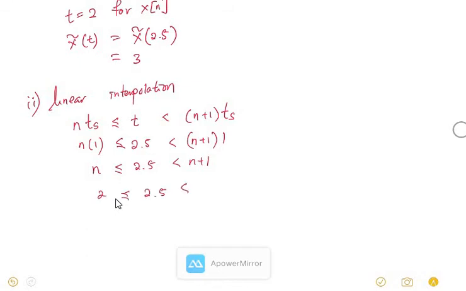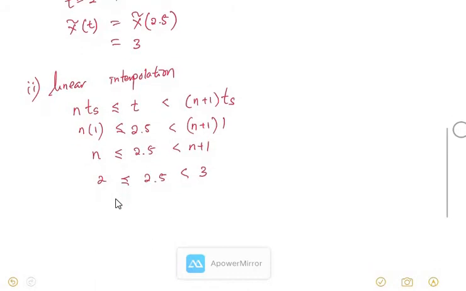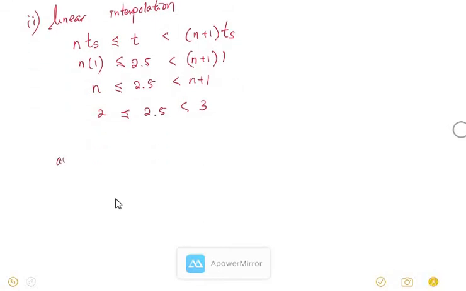The value you follow is from 2 to 3. So the signal value at t equal to 2.5 is simply the average of the values at t equal to 2 and t equal to 3.